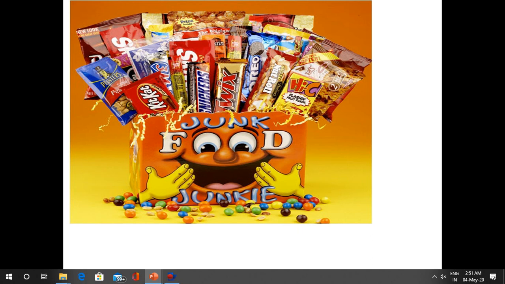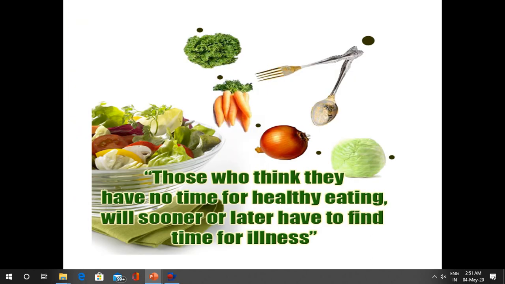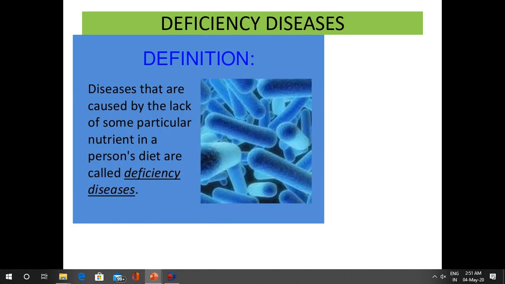These are chocolates. Apart from that, there are a lot of junk foods that are not good for health. Those who think they have no time for healthy eating will sooner or later have to find time for illness. This is just a quote, that we have to eat on time and eat healthy food.